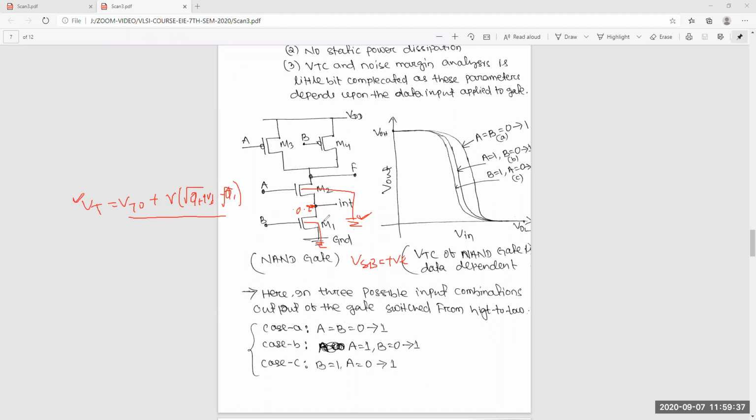If VT increases, it will wait for some more voltage to turn on the transistor. So M2 will become weaker. Yes, M2 will be weaker actually. If M2 is weaker, the pull down circuit will be weaker. So the curve should shift to the right side.